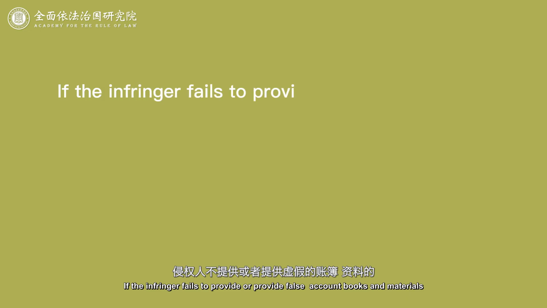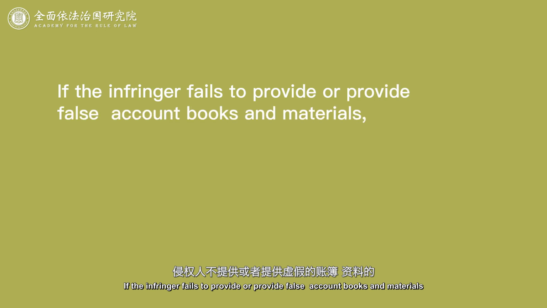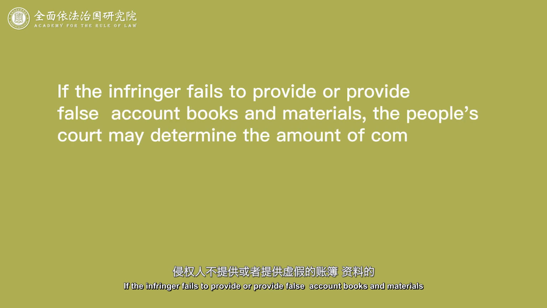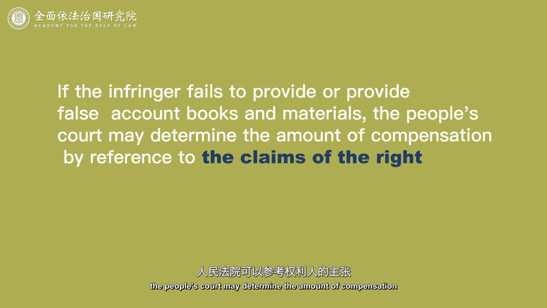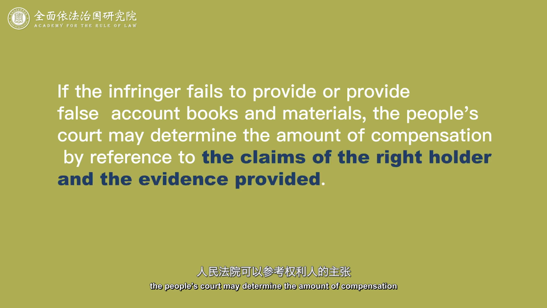If the infringer fails to provide them, or provides false account books and material, the People's Court may determine the amount of compensation by reference to the claim of the right holder and evidence provided.